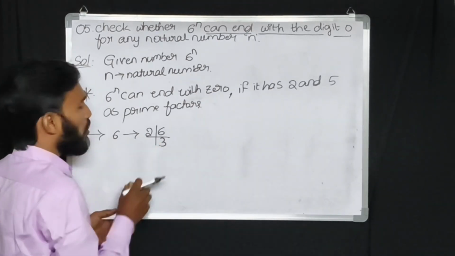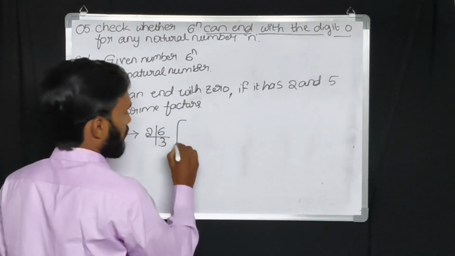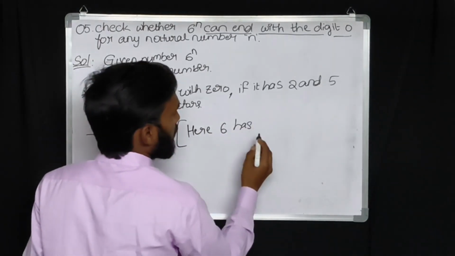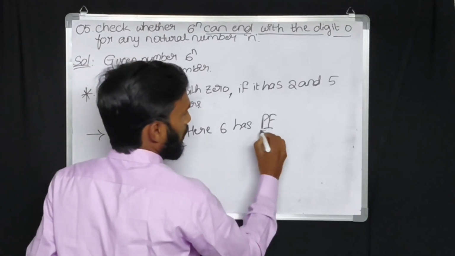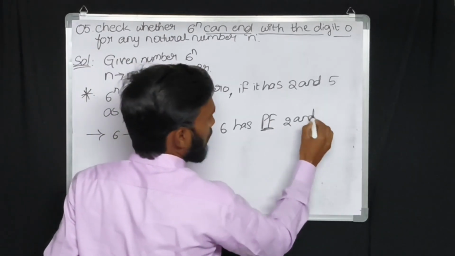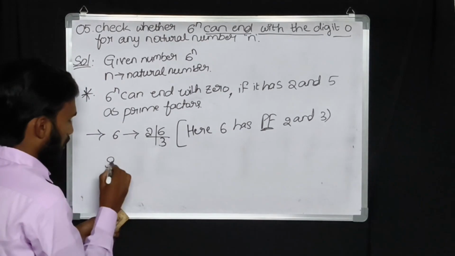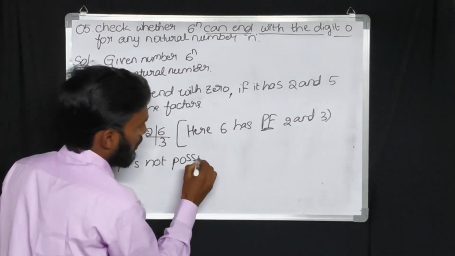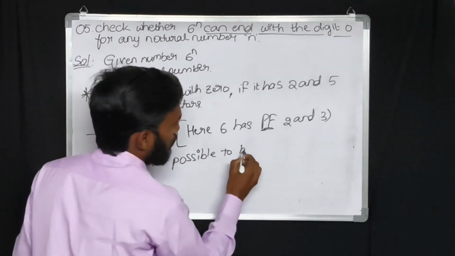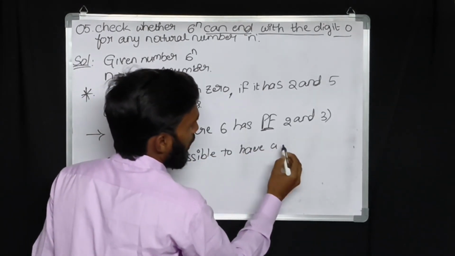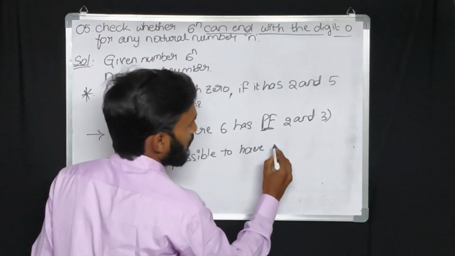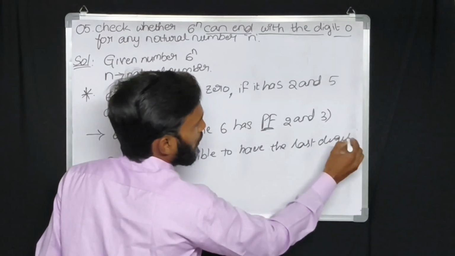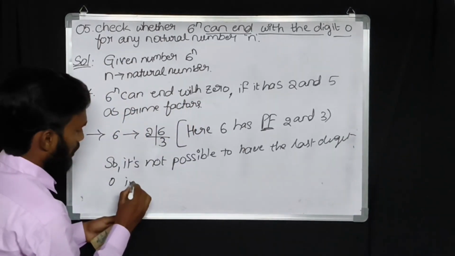So it is not possible here. 6 has prime factors 2 and 3, so it is not possible for 6^n to have the last digit 0.